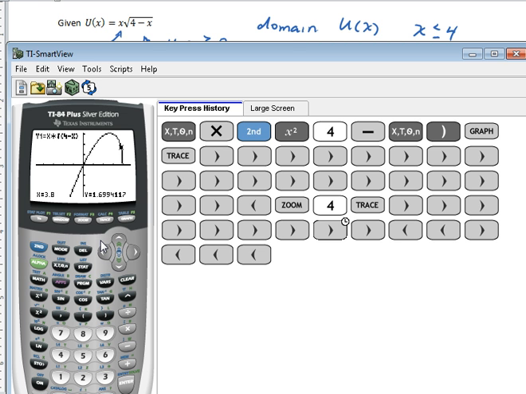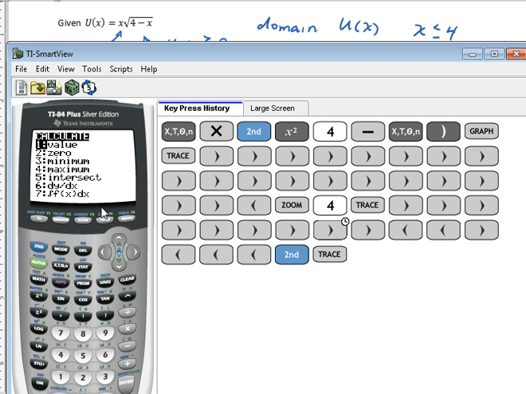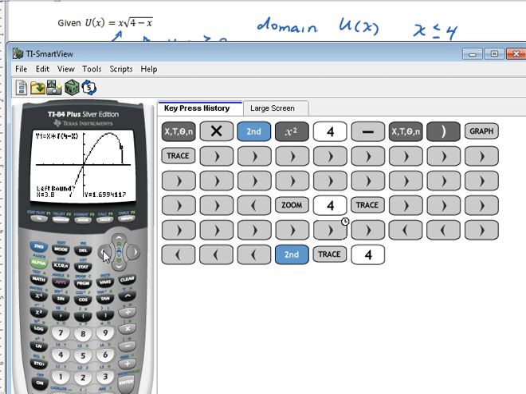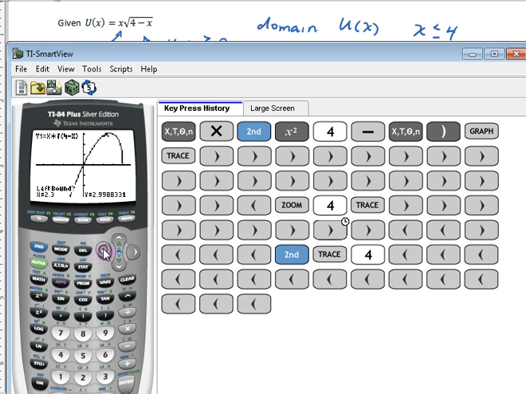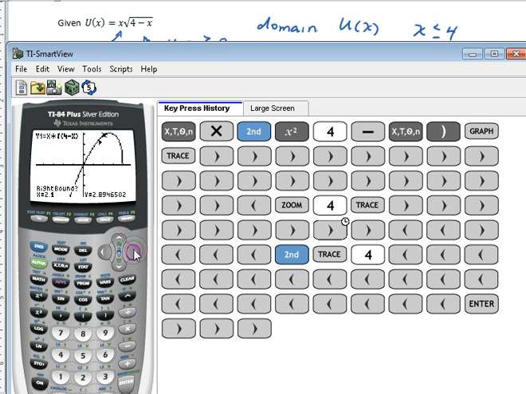We want to find the local maximum, so I'm going to press second trace, which gives me calc. Press 4. Move the cursor back to the left of the local maximum. Hit enter. Move it again to the right of the local maximum.